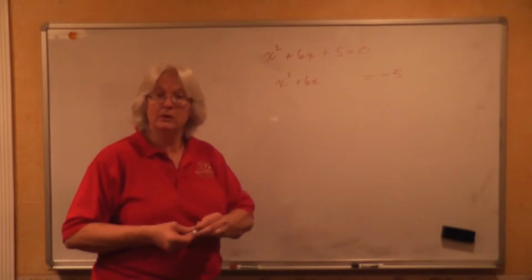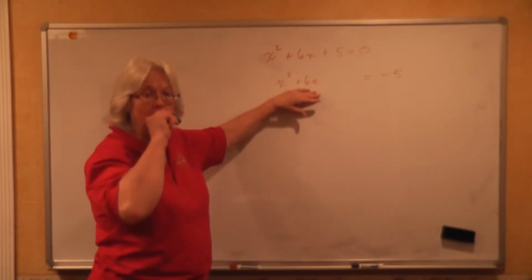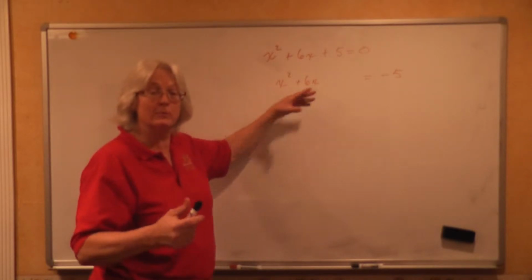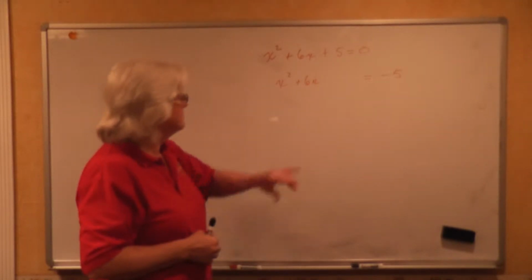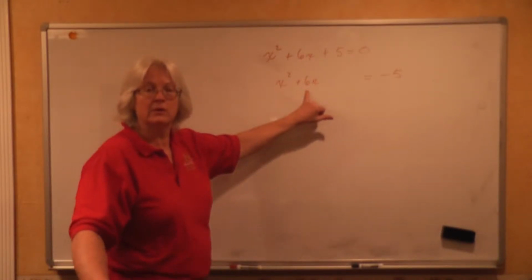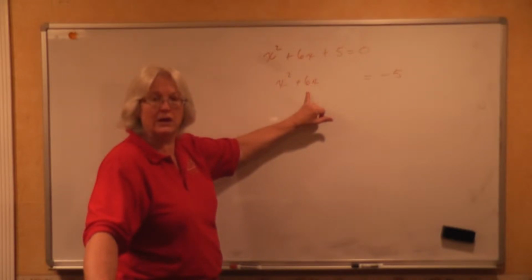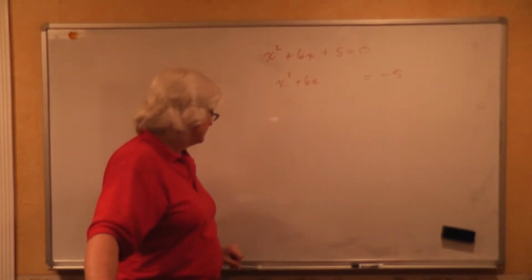So how do we know what to add to this binomial over here to force it to become a perfect square trinomial? Take this coefficient, the absolute value of it, we divide it by 2, we take half of it, which would be 3, and then we square that.